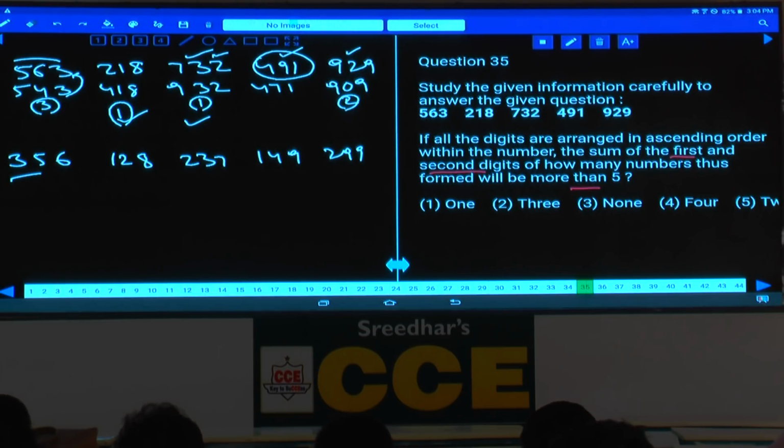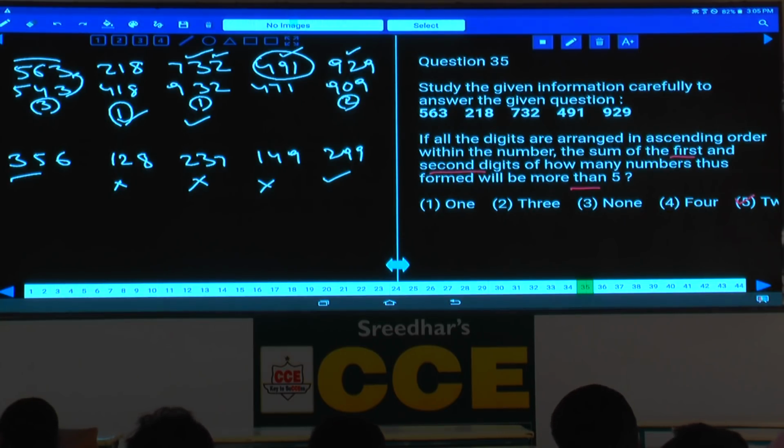Now this is 8, it is more than 5. Here 1 plus 2, it is not more than 5. 2 plus 3 is 5, but it is not more than 5. Isn't it? And 1 plus 4 is again 5. 2 plus 9 is 11. So how many are there? There are 2 such numbers. There are 2, choice 5. This is about question number 35.